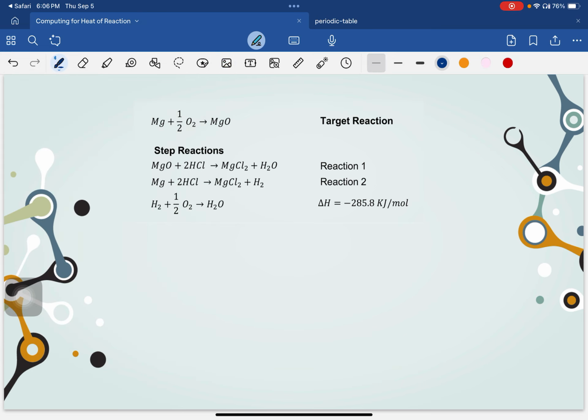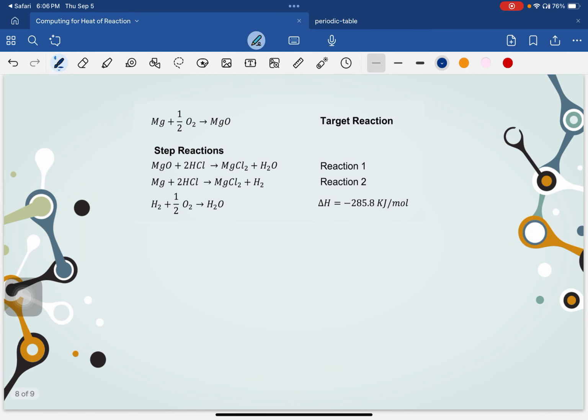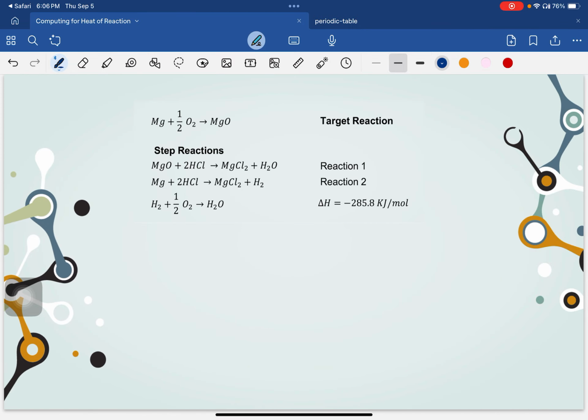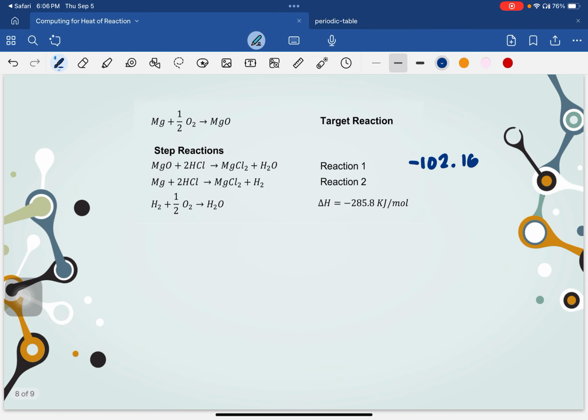Now let's solve them. So what did we do up to this point? We got the delta H's of each step reaction. So for MgO, the heat from aluminum oxide is negative 102.16. And then for magnesium, we have negative 388.28.